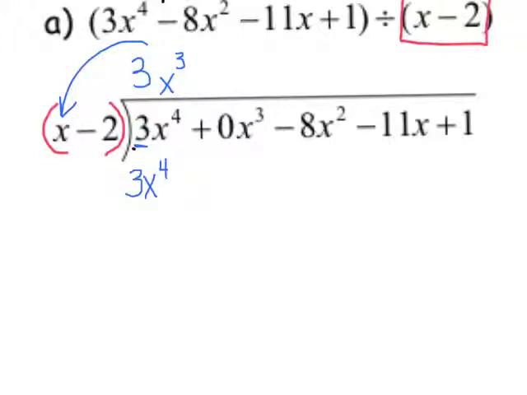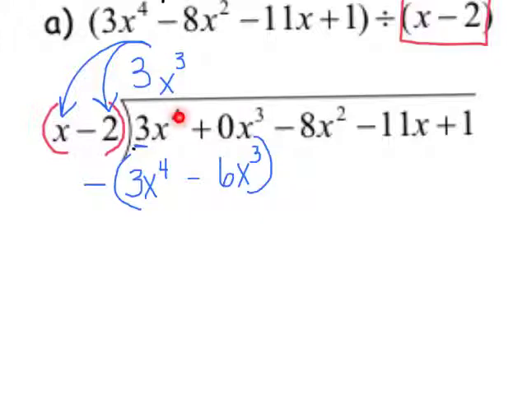So I chose this because now when I distribute it in, I get exactly 3x to the fourth. But this is why I put these parentheses here, because I can't just multiply it there. I also have to multiply the negative 2. So 3x cubed times negative 2 is negative 6x cubed. Okay, the step I say in my mind is parenthesize, subtract.